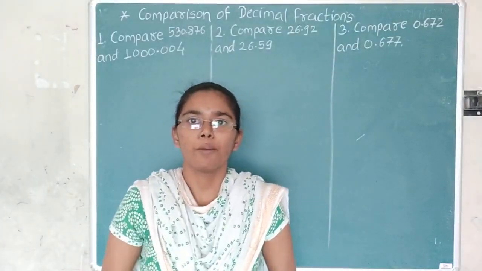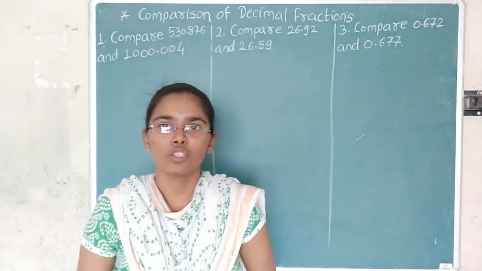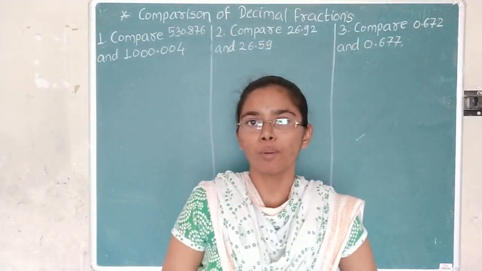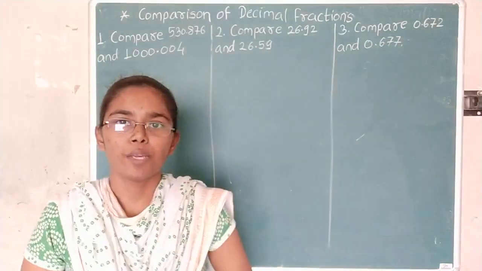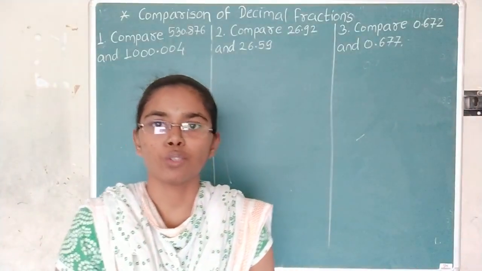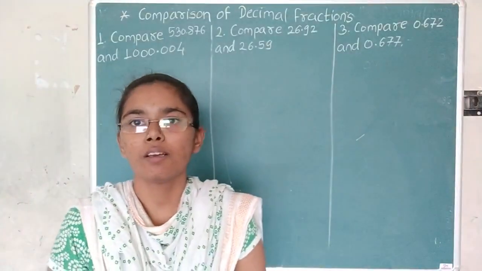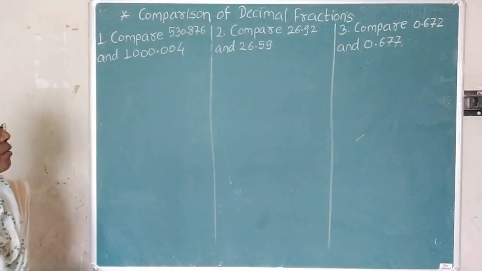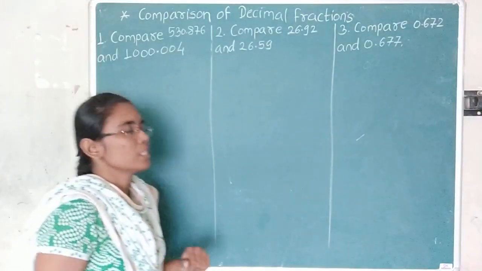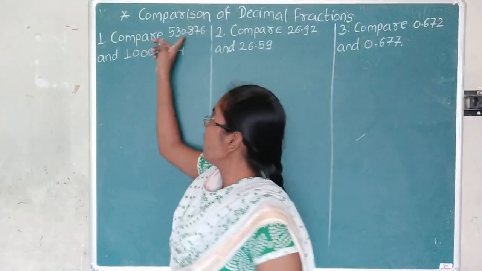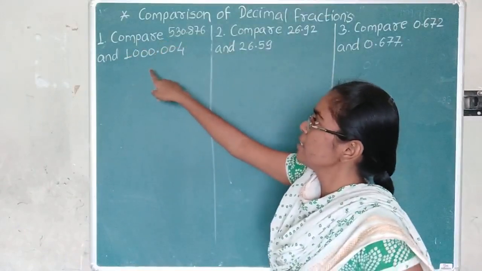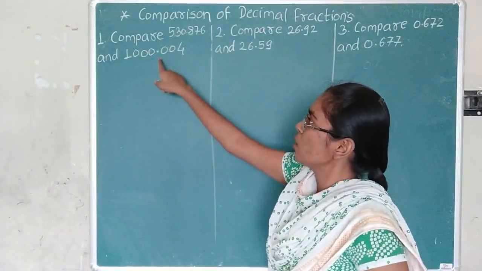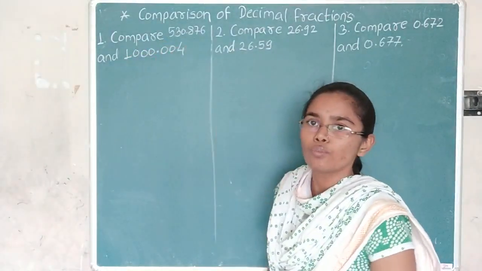Now we will see comparison of decimal fractions. Here we will solve 3 problems to learn how to compare decimal fractions. Here firstly we want to compare 530.876 and 1000.004.